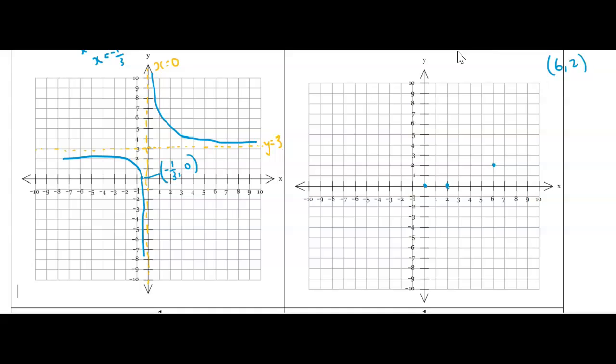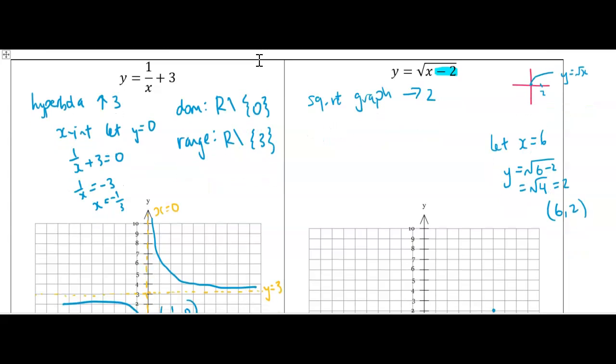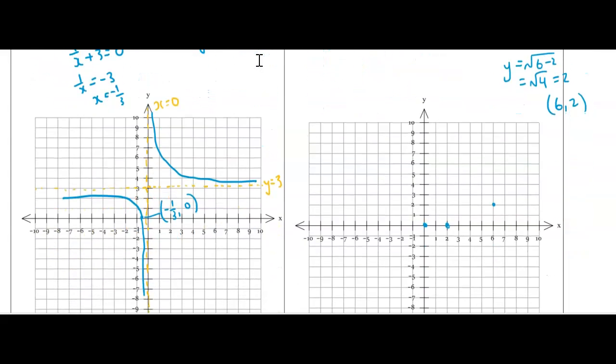And that's just going to help guide you, because you just don't want to go like something like that. Probably should keep going. And it's not going through the right points, especially because we've got a scale there. So let's make sure our scale is correct. And the next one, if I was to let x equal 11, we would have 11, 3. So we don't want to go above the 3.